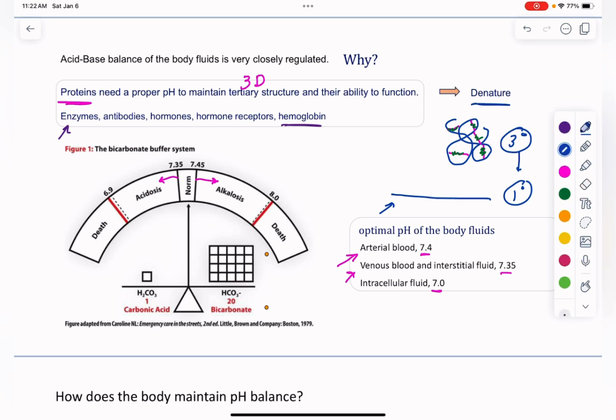Now, there's one other variable that the body maintains tight limits over to maintain the three-dimensional structure of proteins, and I'm wondering if you can guess what that is. Acid-base balance is very important for maintaining protein three-dimensional structure. What's the other variable?